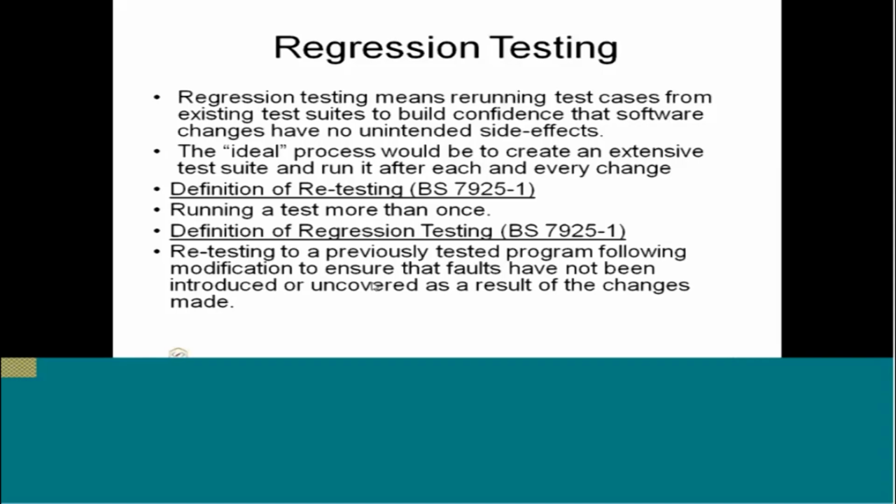So it is called retesting and regression testing. Retesting is just testing again. Regression testing is where it has previously been tested, modifications have been made for the faults that were identified, and we re-execute the same tests to confirm the faults have been fixed.